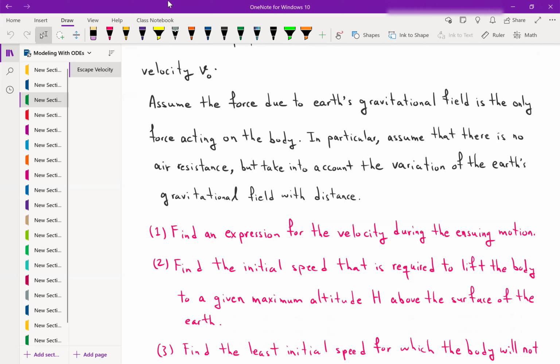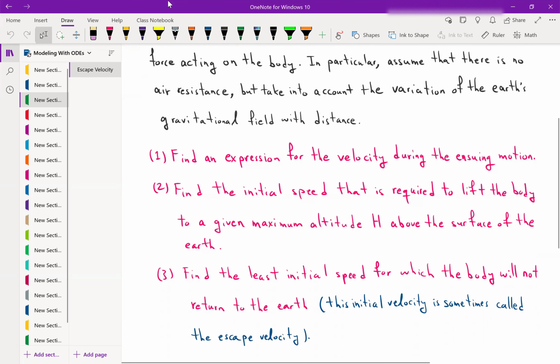Find the initial speed that is required to lift the body to a given maximum altitude h above the surface of the Earth. So what should be the initial velocity v0 in order to make sure that this rocket will rise up to the height h, altitude h, and that will be the maximum altitude, and then it falls back to the Earth. And then finally, find the least initial speed v0 for which the body will not return to the Earth.